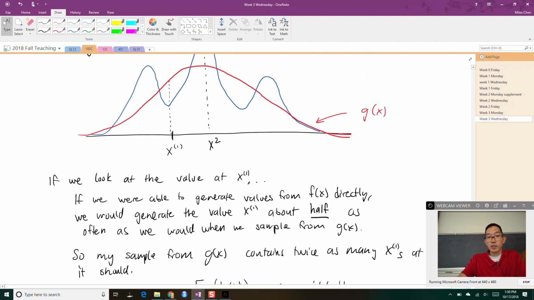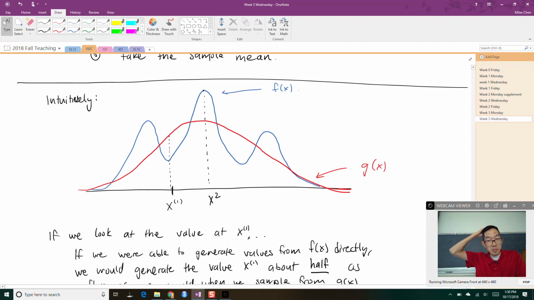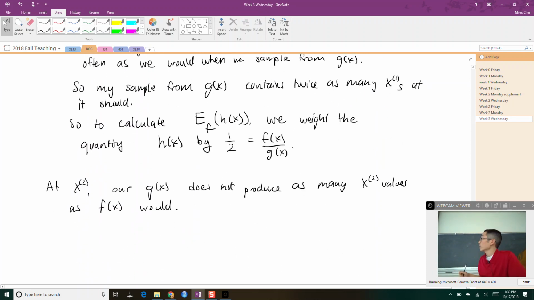It only produces like, I don't know, 2/3 as much. And so whenever we get one of these values, we're going to say, oh, these ones are extra important, so we're going to weight them more heavily.